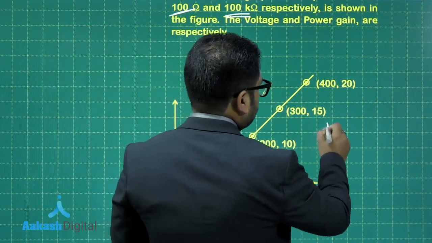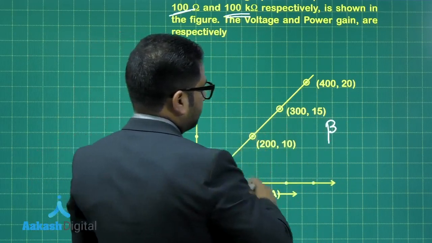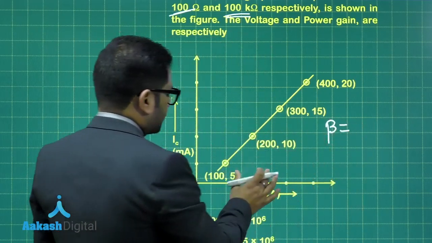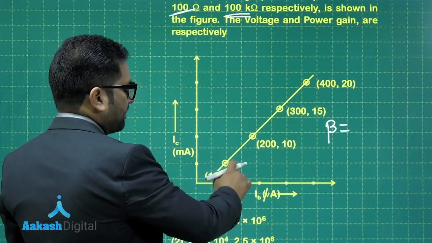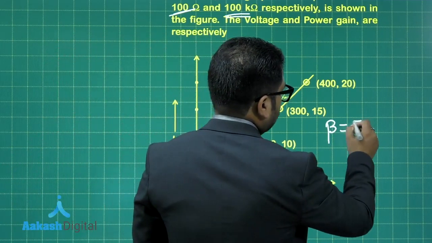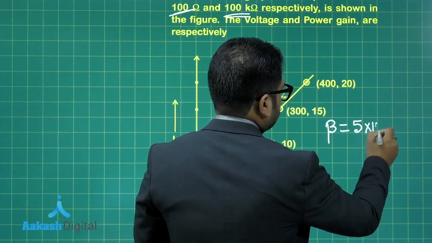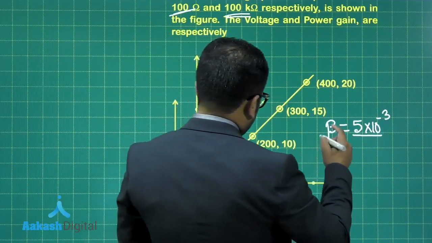If I say current gain, which is denoted by beta, will be IC by IB, and just try to see here. IC is 5 milliampere and IB is 100 microampere. So let's see, 5 into 10 raised to the power minus 3 divided by 100 microampere.